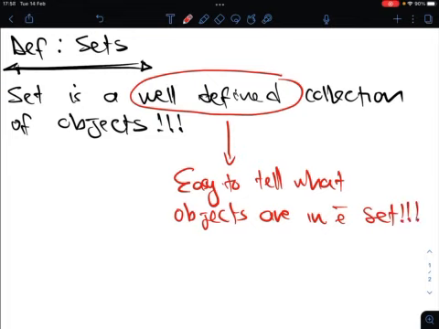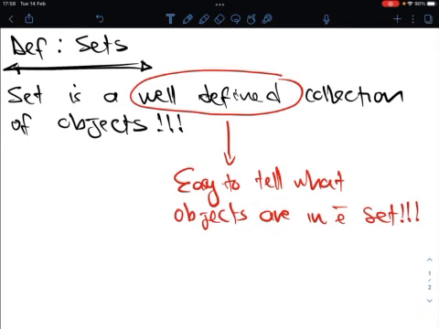That's what a set really is. A set is just simply a well-defined collection of objects, which means you can picture a set as some sort of an environment within which there are some objects that are placed. And there is a way of describing that set in such a way that everyone, by just studying the description, can be able to discern what exactly are the objects that make up that particular set. So that's what a set really is by definition.